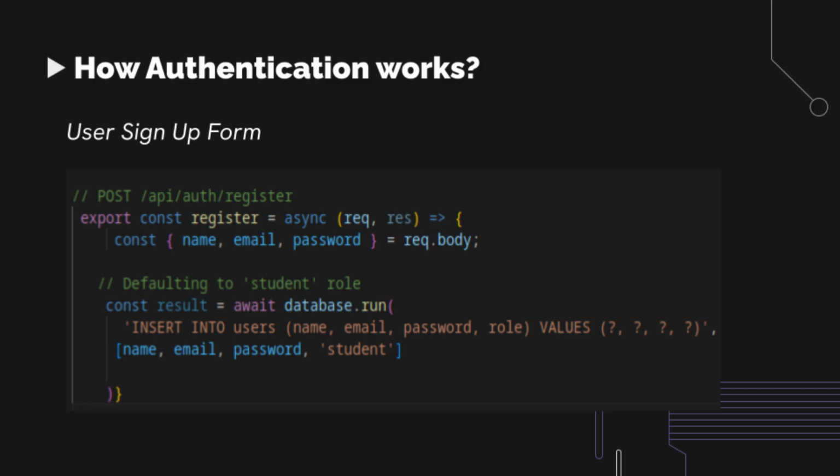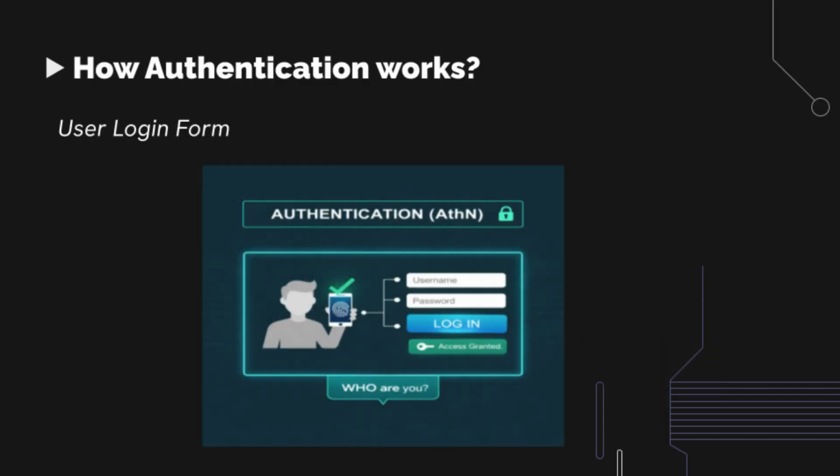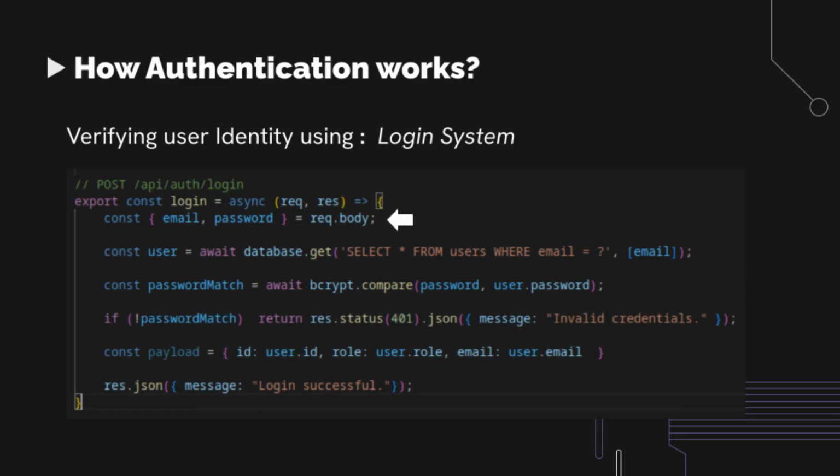During sign-up, the user provides information such as name, email, password, and this information is saved in the database. When a new user account is created, the system usually assigns a default role, such as normal user or a student. The role can be changed or promoted later by an administrator. After user information is available in the database, the user can later access the system through the login process using credentials such as username and password. This is where authentication comes in.